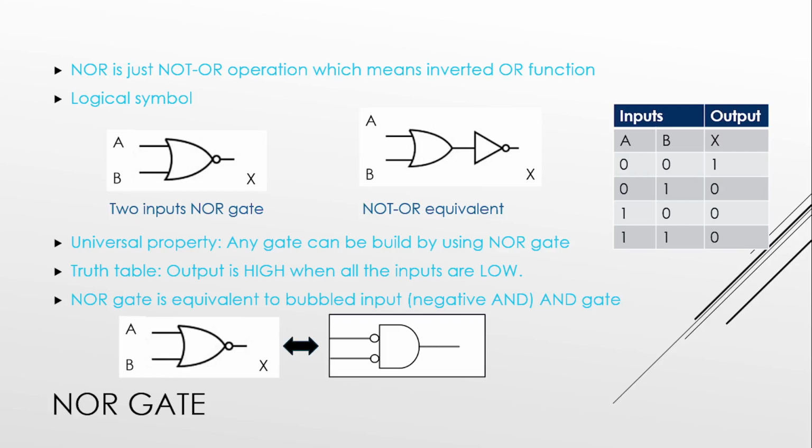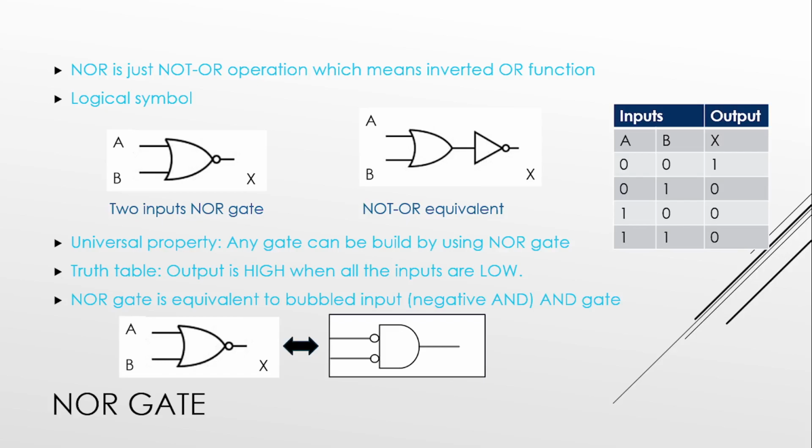So the working is exactly inverse of the OR gate. The NOR gate is simply the NOT OR gate, where the output of the OR gate is inverted.